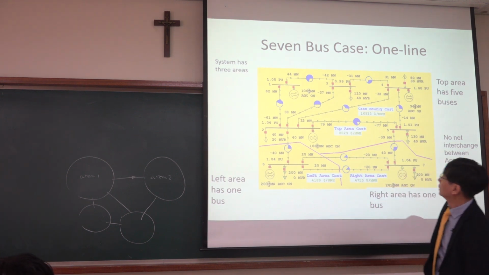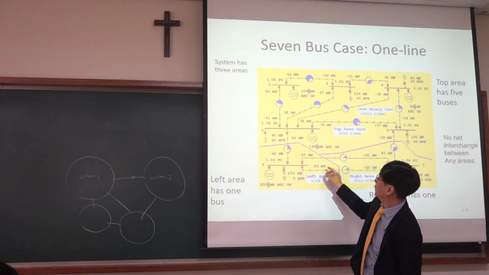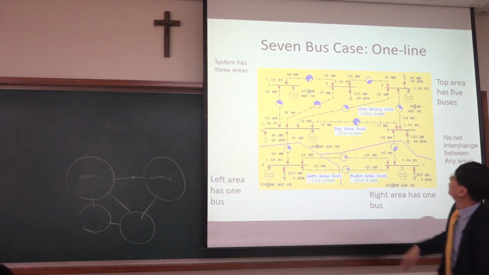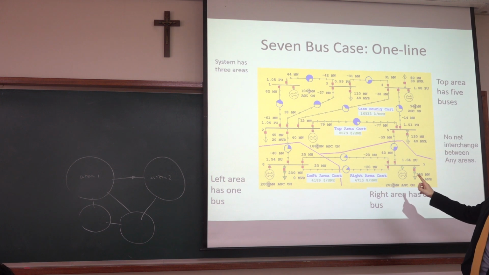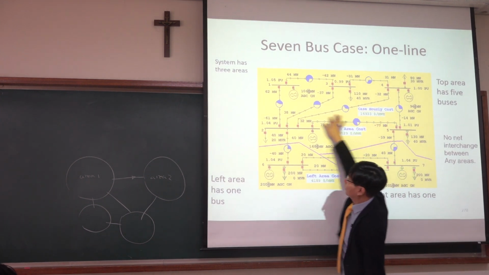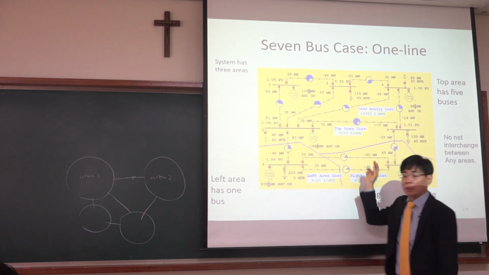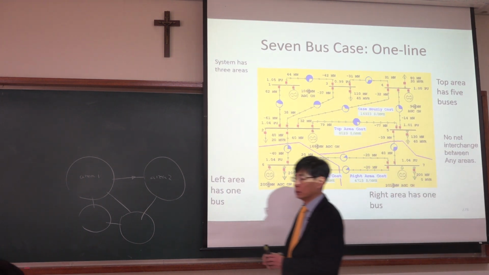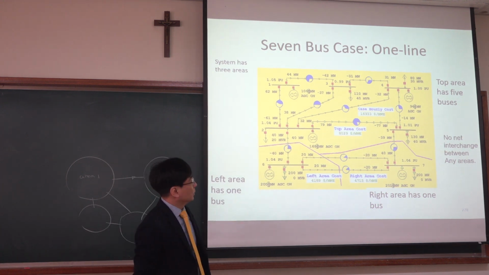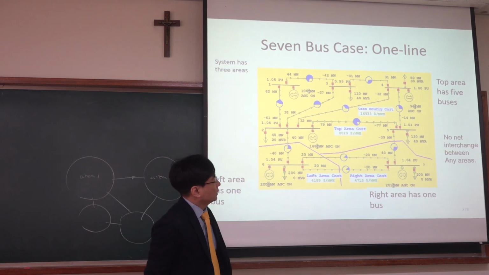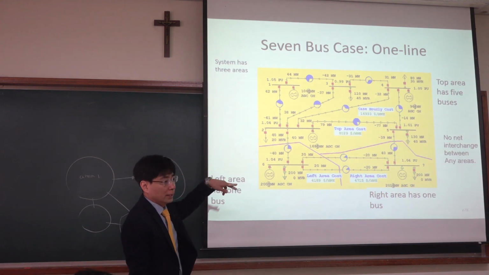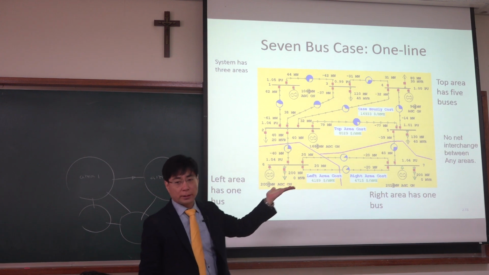How much? 40 megawatt, 40 megawatt, and 40 megawatt. So you see a loop, and actually that loop was not intended. That's the result of power flow. Sometimes that is not desirable, and this kind of loop flow increases the losses in the system.